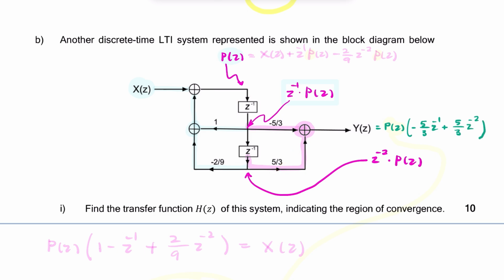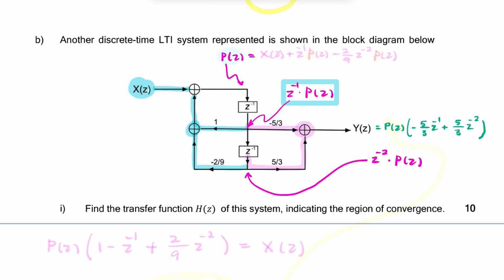So now we need to look at the left side of the block diagram and say, what is it that we actually have at P of z? So it looks like P of z has minus 2 over 9 times z to the minus 2 P of z, added to z to the minus 1 P of z, added to X of z.